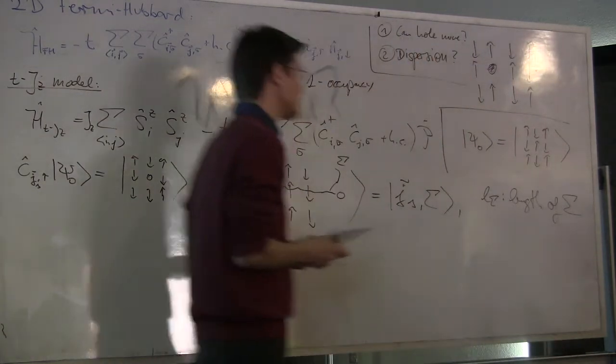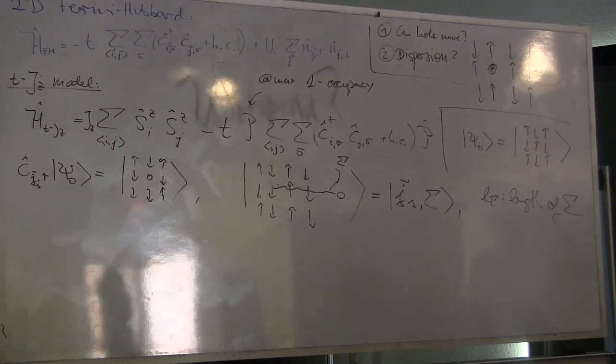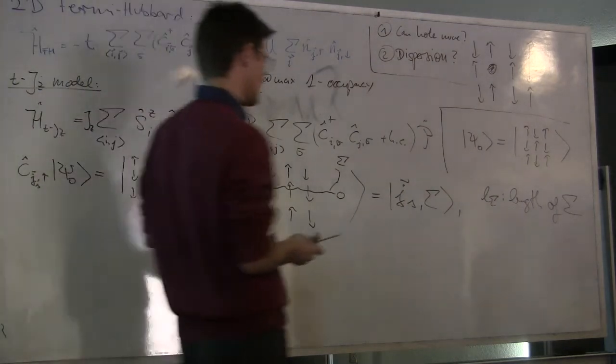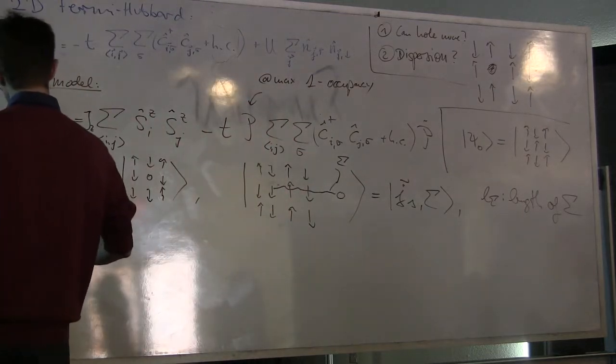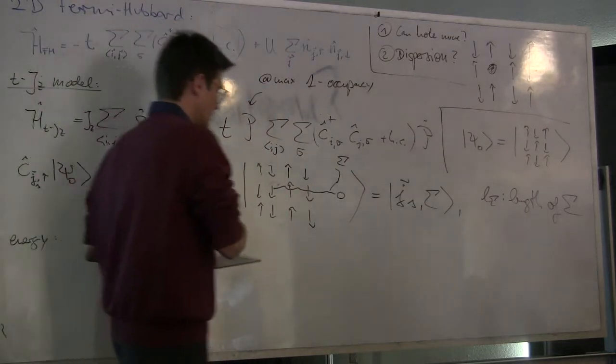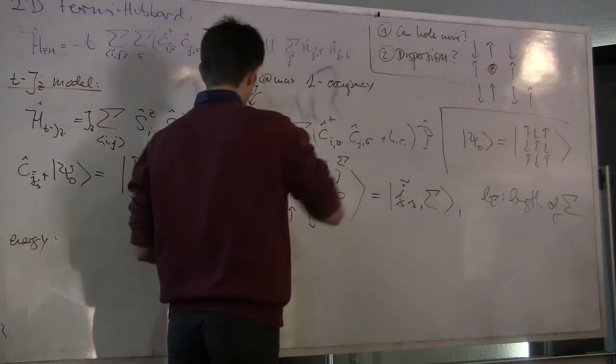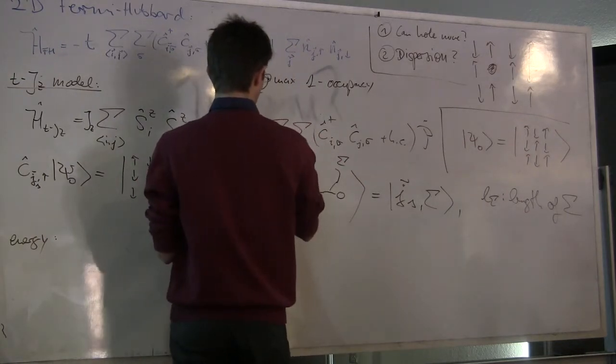Okay. So now, of course, we can look at this and basically figure out what the energy of this state is. The energy you get by basically summing up the spins that are happy. That's easy enough. That's those.